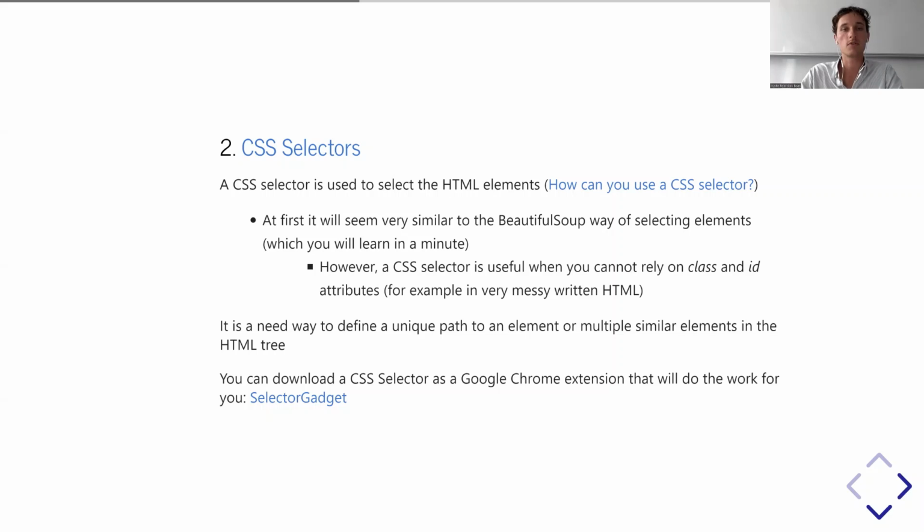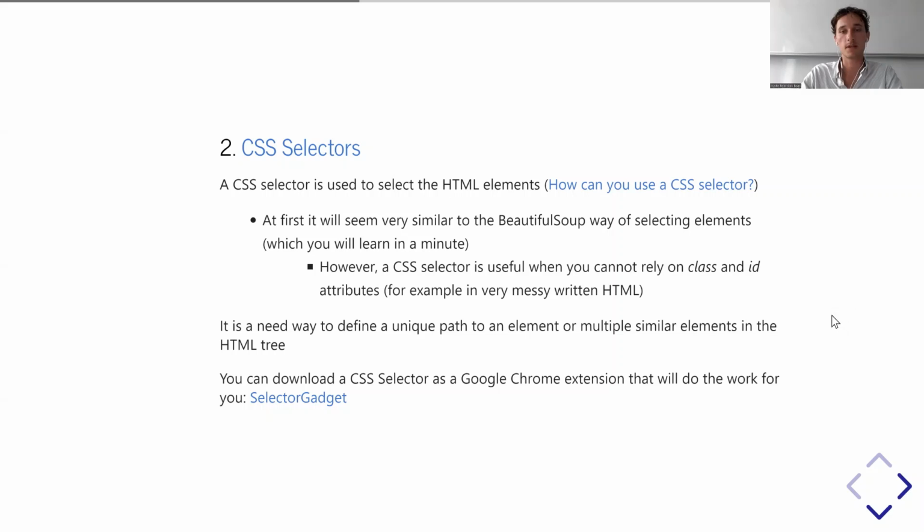You can use a CSS selector to define a unique path to an element in the HTML code, or multiple elements that have the same characteristics in the HTML.